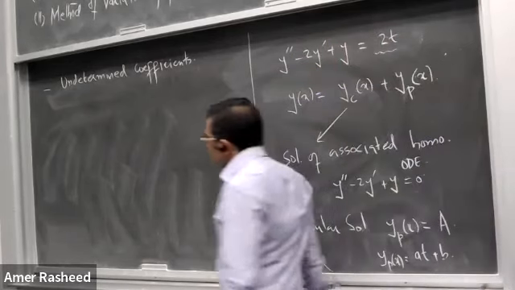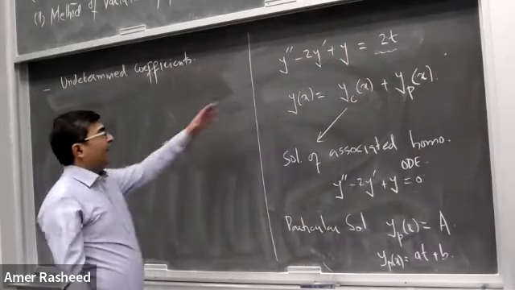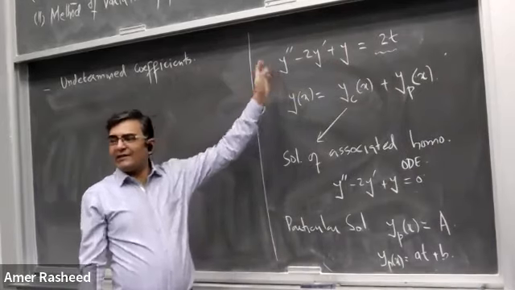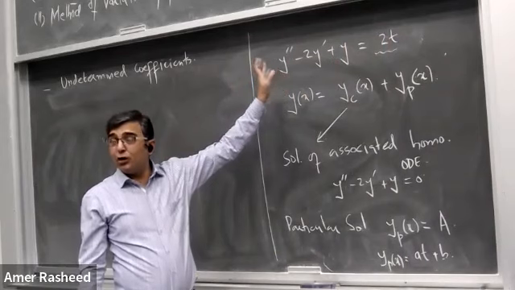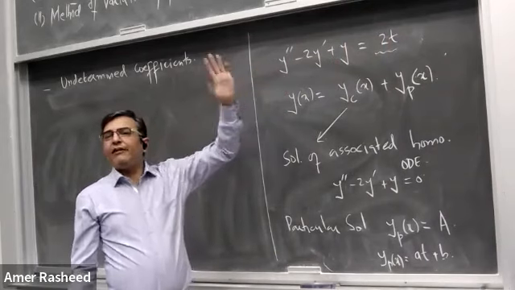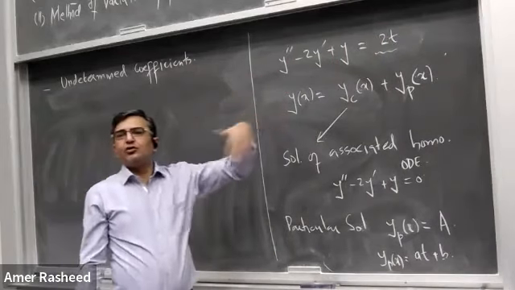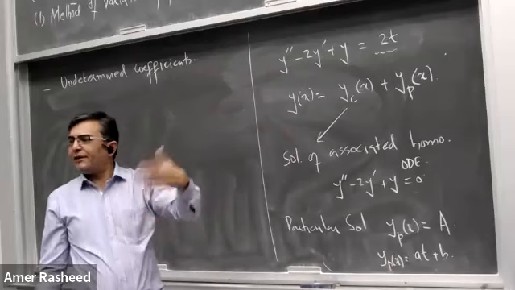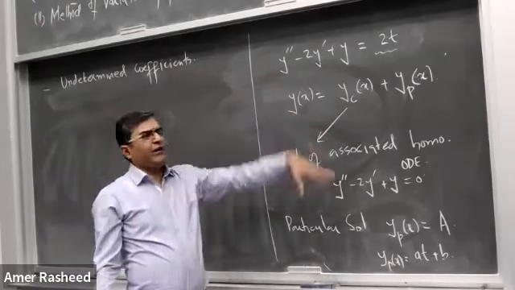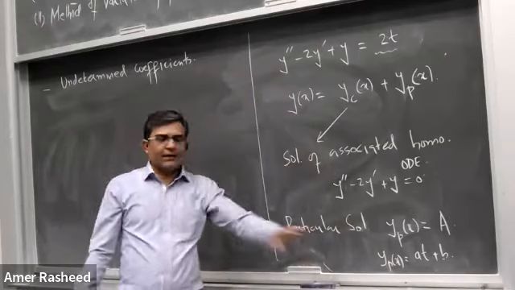We write the auxiliary or characteristic equation and characteristic polynomial, and then we find the roots of that polynomial. The roots were real and distinct, real and repeated, and complex. Then we write the complementary solution and then the particular solution.